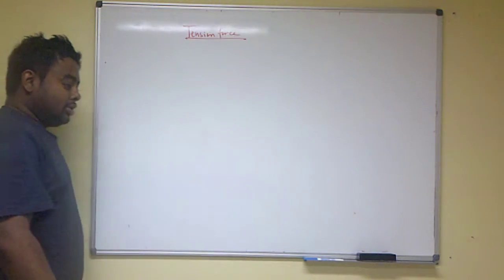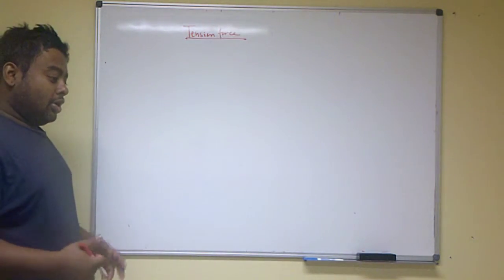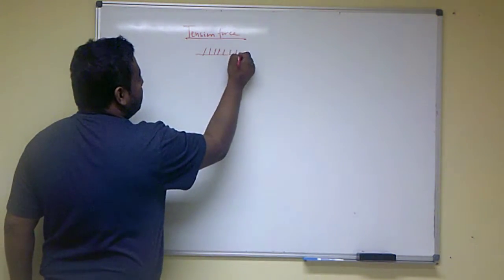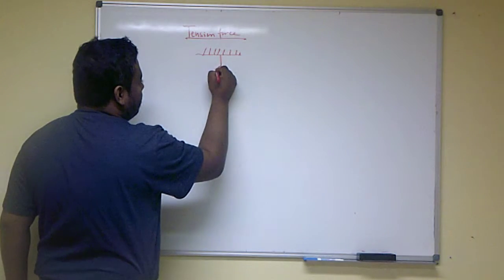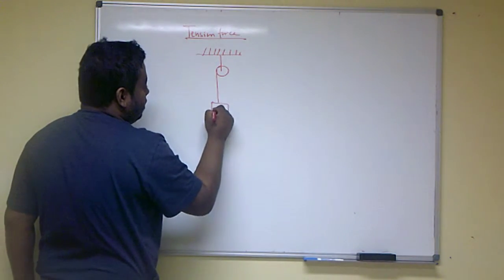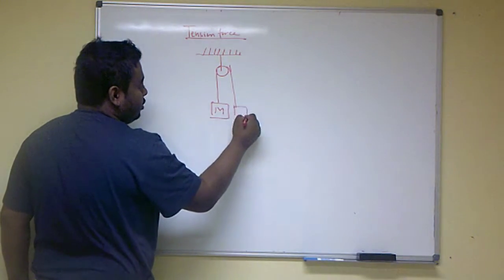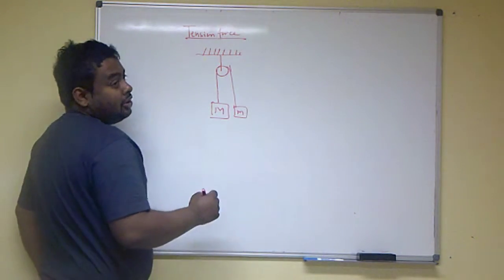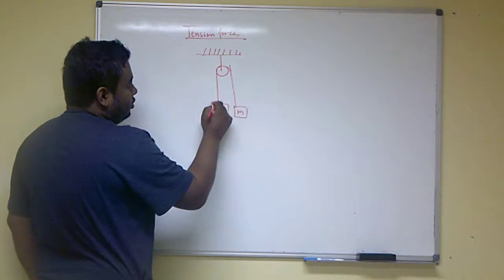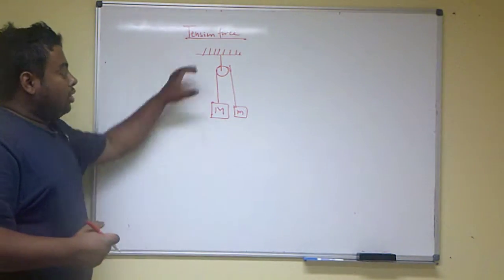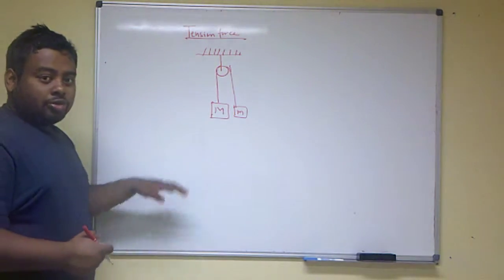The force of tension occurs, for example, when you have a pulley, with a capital mass M acting on one side and a small mass m acting on the other side. This rope has to be taut in order to take care of both of these masses.